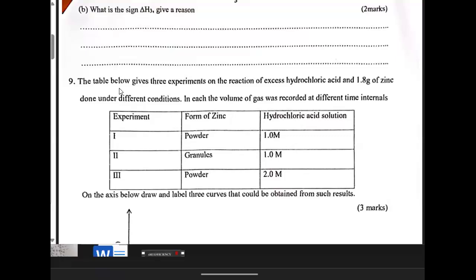In a normal reaction, if the particles are small, the reaction will be faster because more of the surface area is exposed, as opposed to reacting large particles. In terms of amount, I give a simple example.